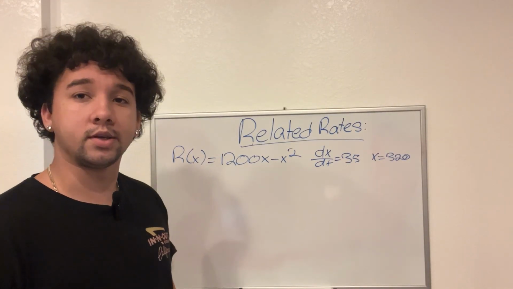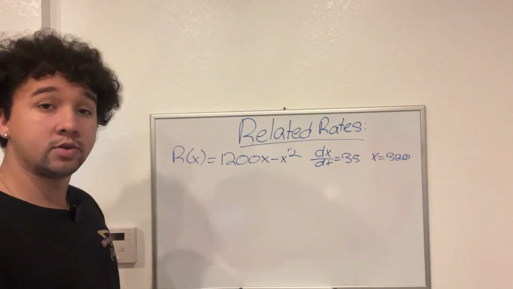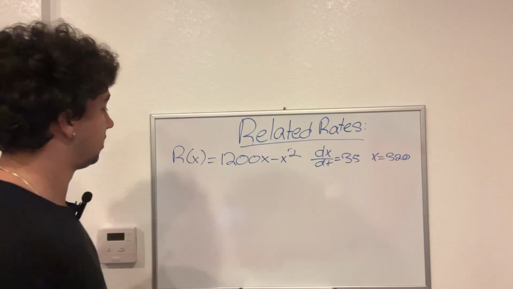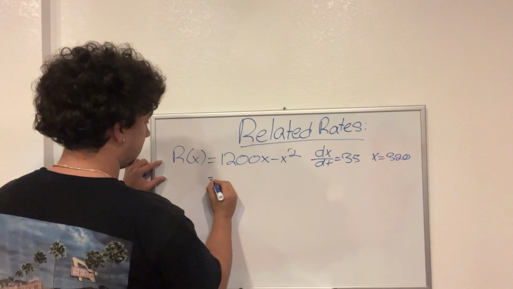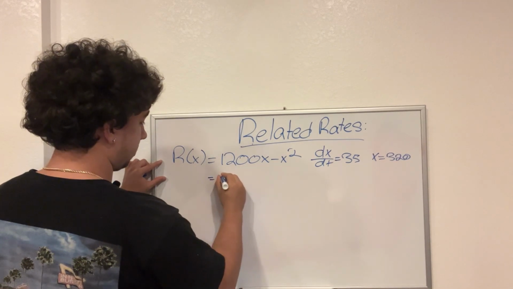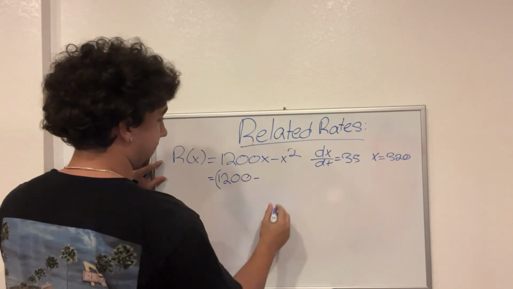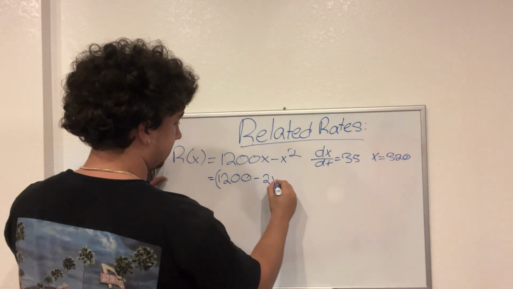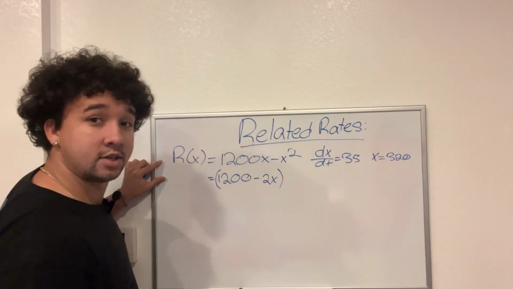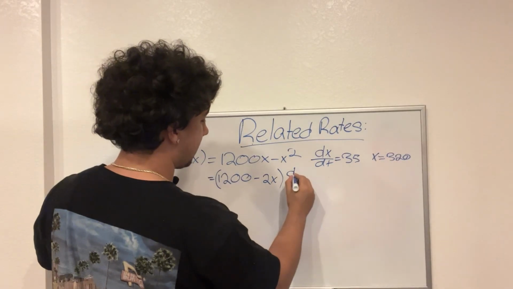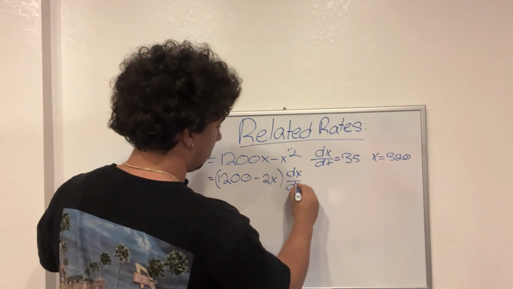So how do I solve one of these? Well, I'm going to take the derivative of this, which is going to equal 1200 minus 2x, and then I have to use the chain rule, dx/dt.